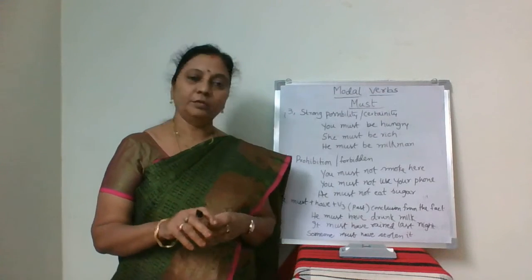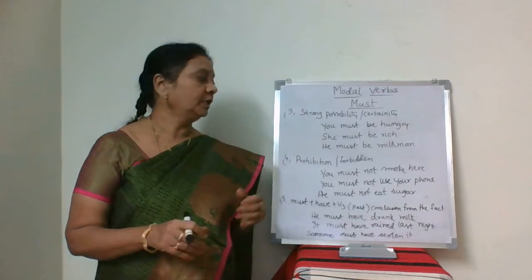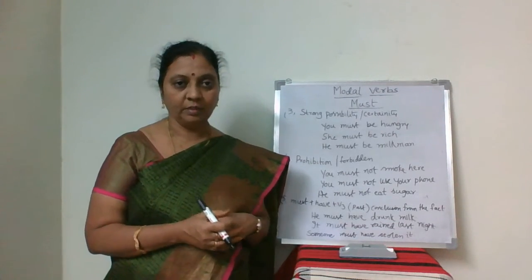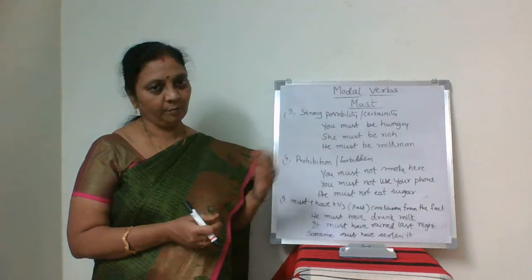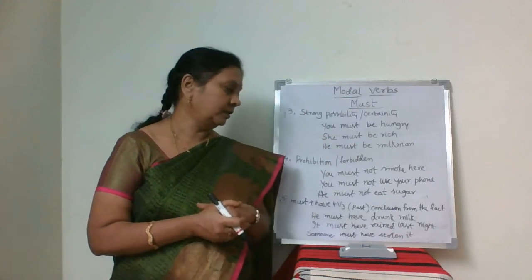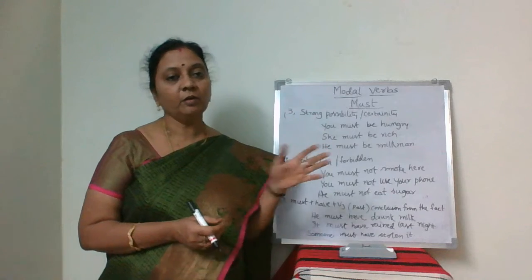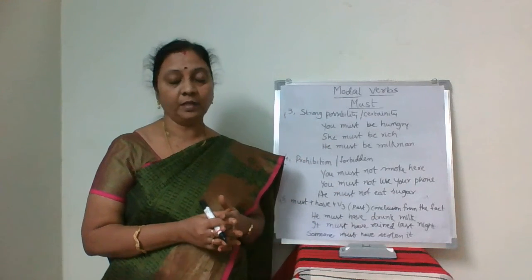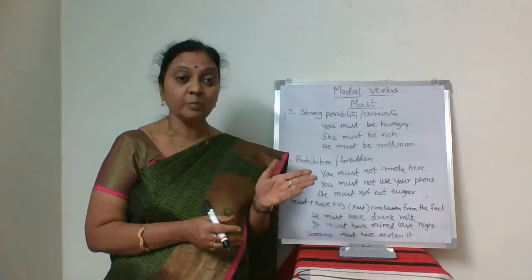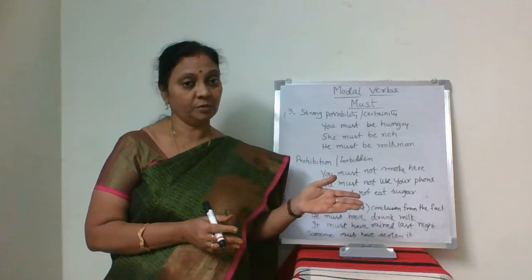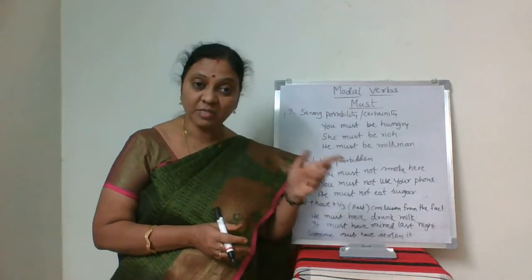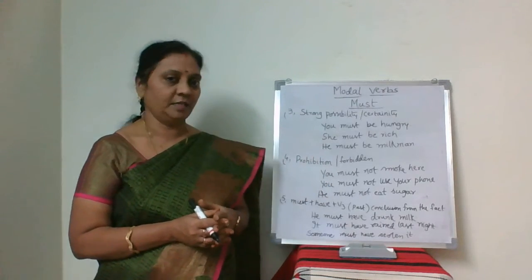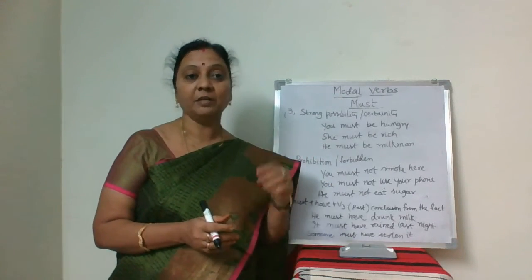Next, to express strong possibility or certainty also, we use this modal verb must. You did not eat anything since morning, then you can say you must be hungry, because you did not have anything. And she must be rich.